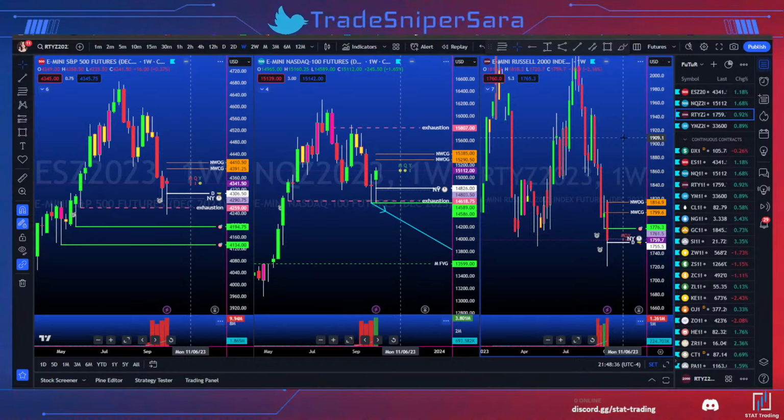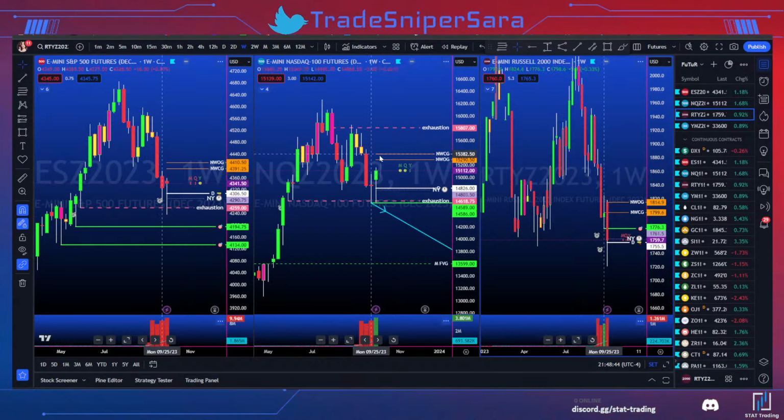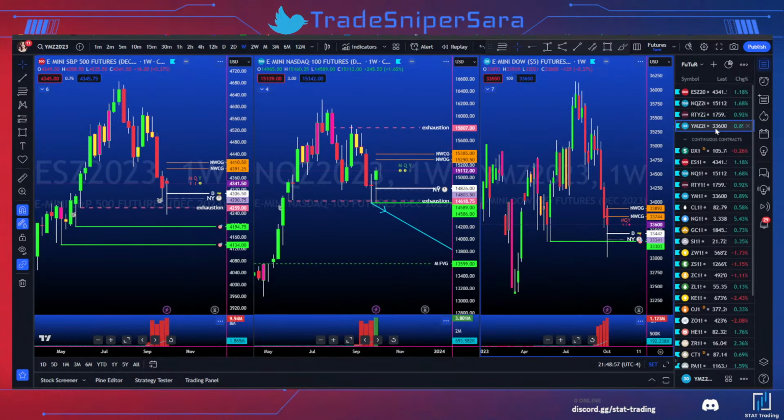Because if you just look at what we got, you got ES with basically a red hammer. We have NQ, which already went 2 up, but on the end of the week, on Friday. And then we got RTY, which is a giant red 2 down. YM is somewhere in the middle between ES and RTY. So the market is not in agreement, and that makes things hard.